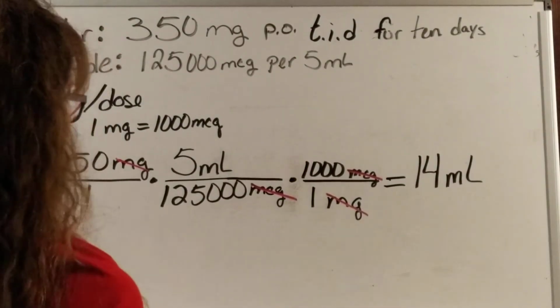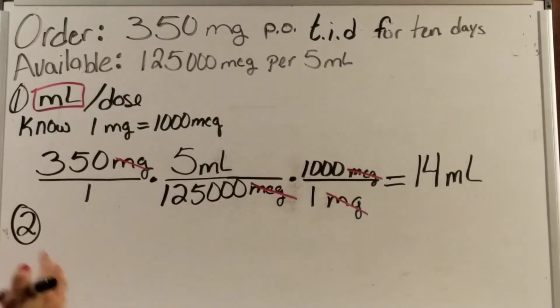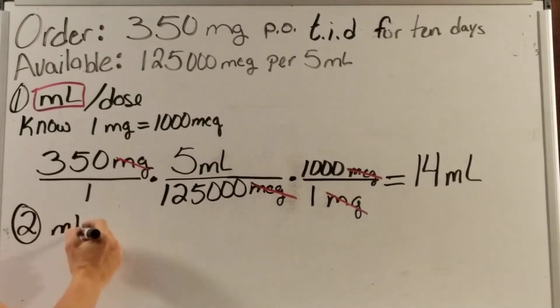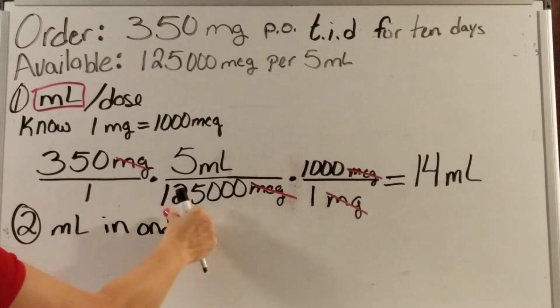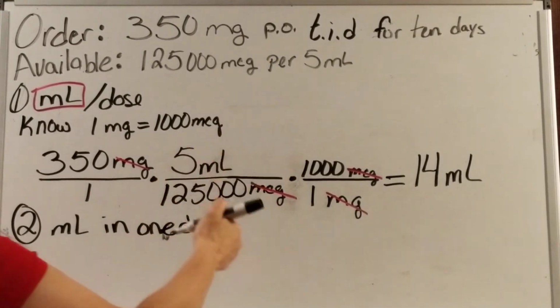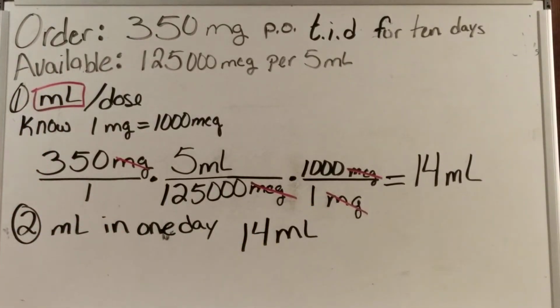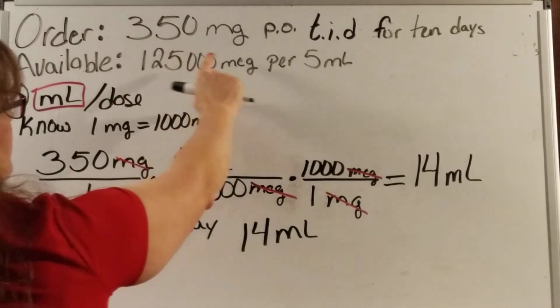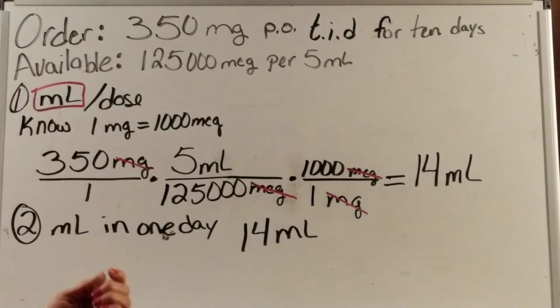So that's question 1. Question 2 says, how many milliliters for the whole day? If we're going to determine that, I know that 14 milliliters is how much we're taking in a setting. We got to go back to the order. The order says we're going to do TID. We're going to take it 3 times in one day.